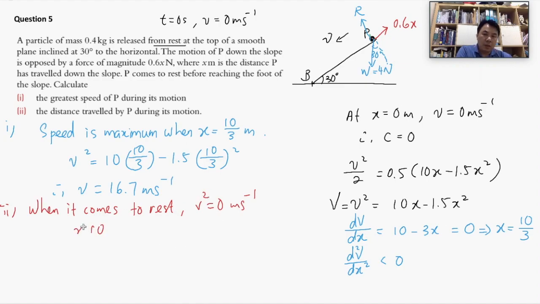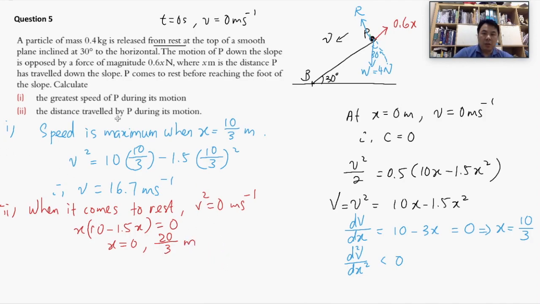Therefore, 10 is equal to 0 here. X can be equal to 0, or in this case, we have 20 over 3. Sorry, it's not second, it's meter.